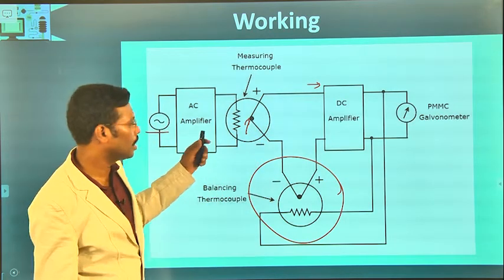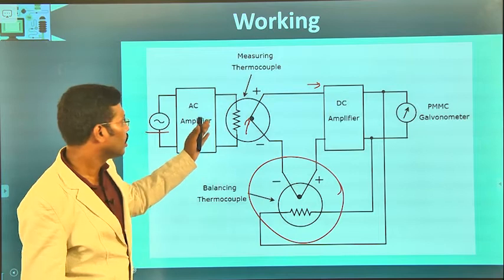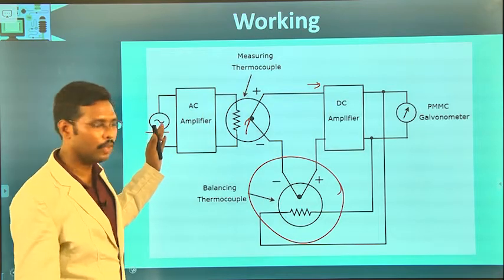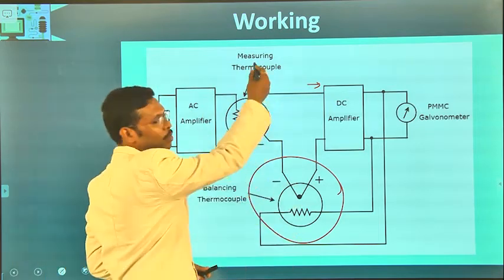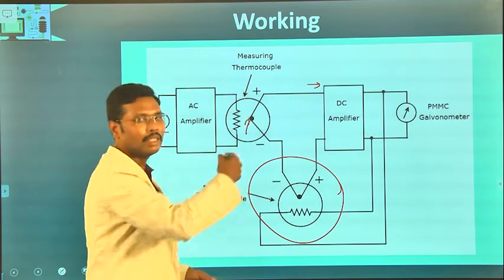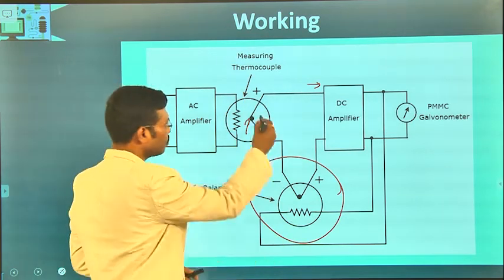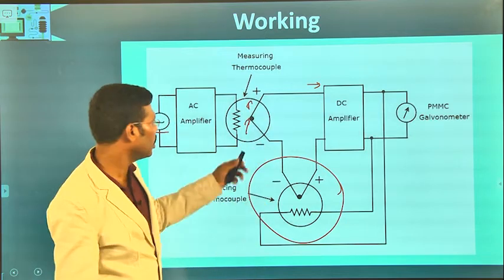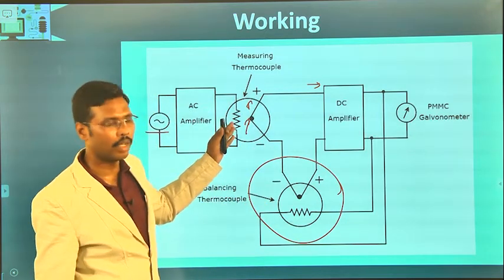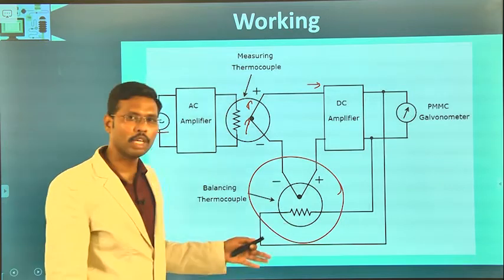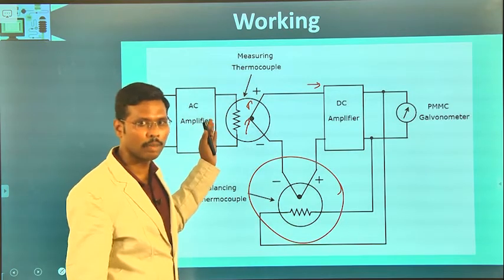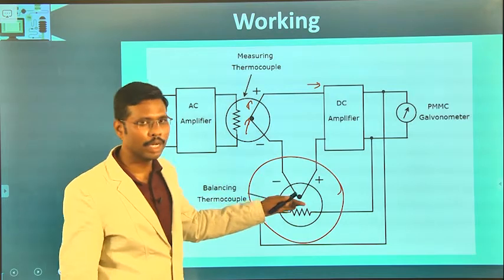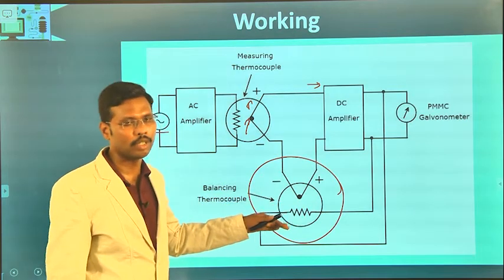As the temperature of the heating coil increases, the temperature of the surroundings also will vary, and this measuring thermocouple will sense that temperature, and it will generate some additional voltage according to the heat generated by this heating coil. But the balancing thermocouple is away from this measuring thermocouple, and it will be maintained at a normal temperature only.